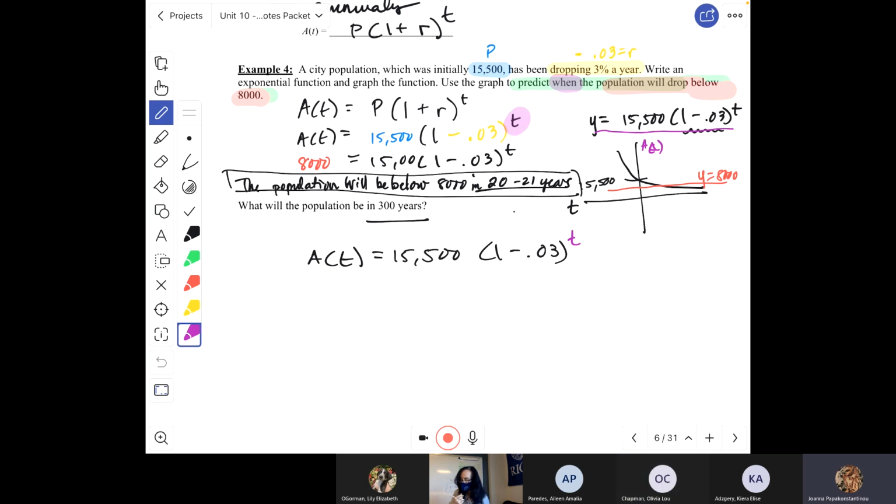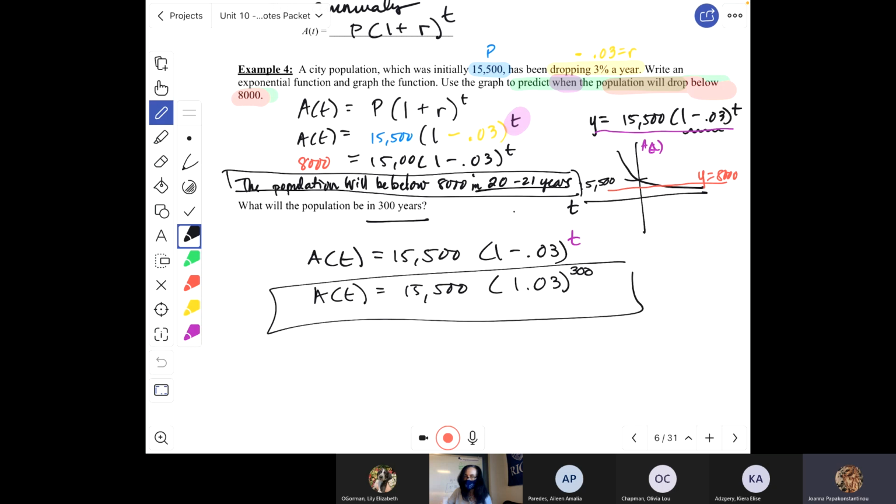How I found what? The 20 to 21? Yes. Give me 1 second. So that's what we're finding here. Okay. So you put this equation in the calculator, Olivia. We're running out of time and I have to do the next example, so can I walk you through the keystrokes a little bit later?